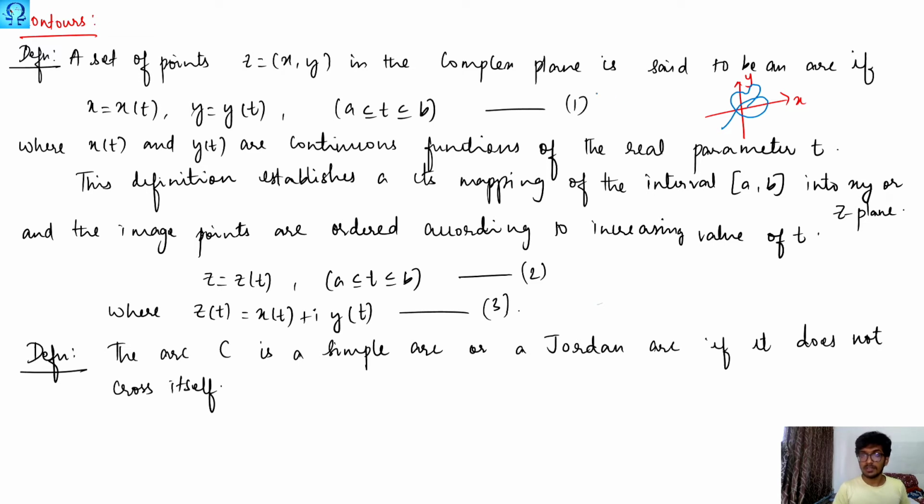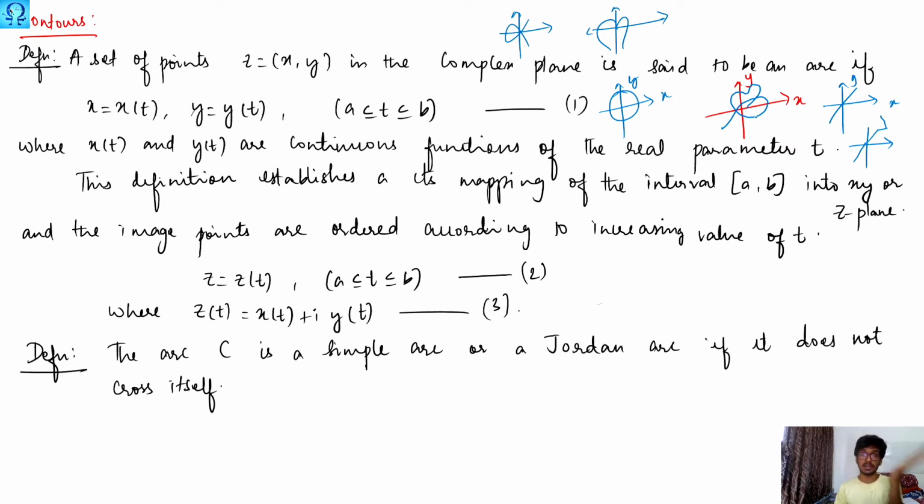So this is an example of an arc. Similarly, if you consider some circle, this is also an arc, and if you consider a straight line, it is also an arc. This goes like this and moves this way and this way. This is also an arc, and this is also an arc. These are some examples of arcs.